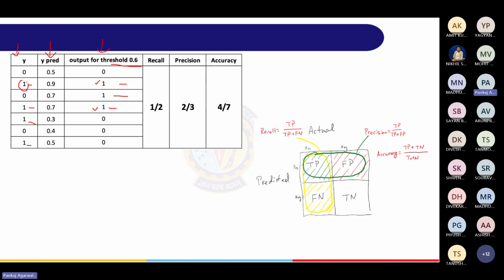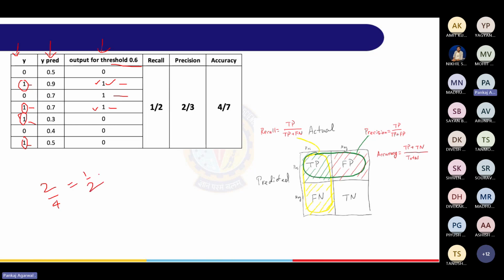These were the cases, if you're getting confused. These are the actual cases. Out of four cases, you find that this is correct. This was actually predicted yes, and this was predicted yes. Rest nothing. So recall is 2 out of 4, which is nothing but 1 upon 2.